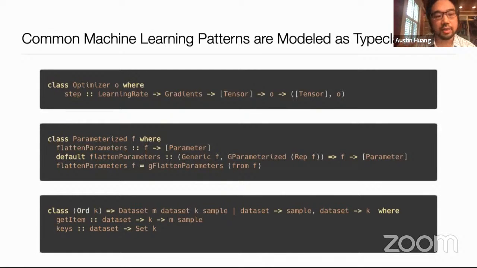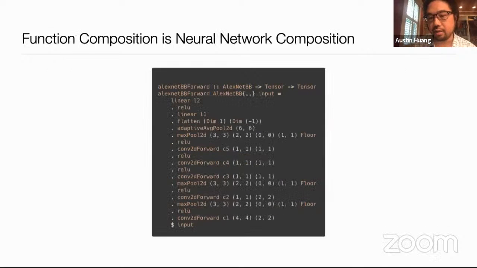For example, with distillation, I can write a distillation algorithm against the Has4 type class and so on, right? And since we're implementing the neural network computations as functions, I can build up larger neural networks just using Haskell's inbuilt composition, right?